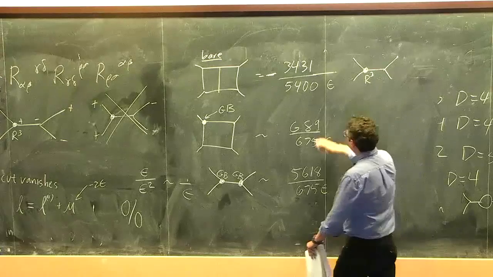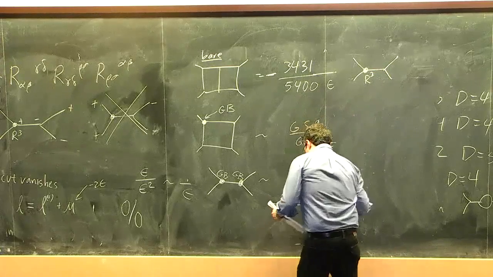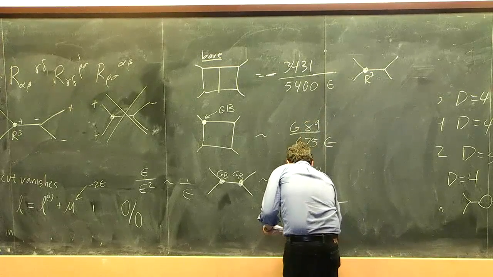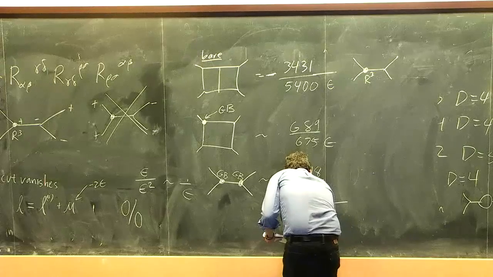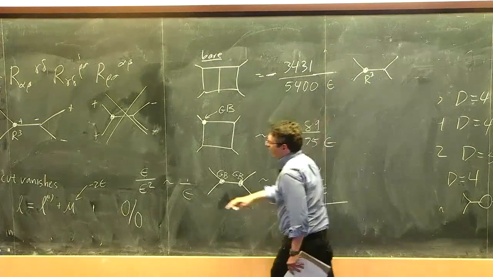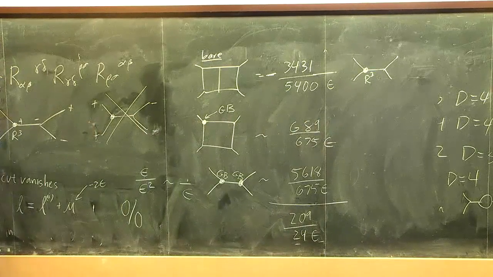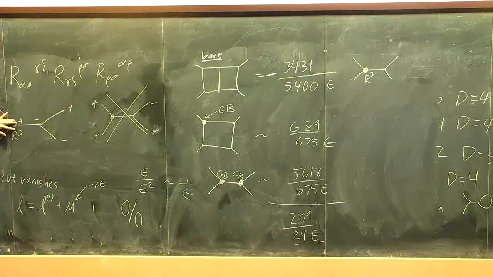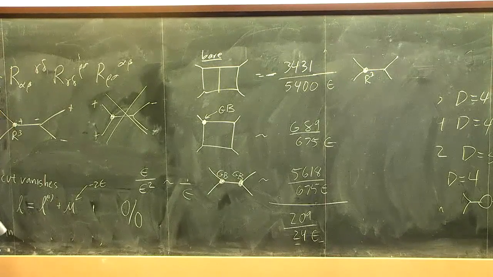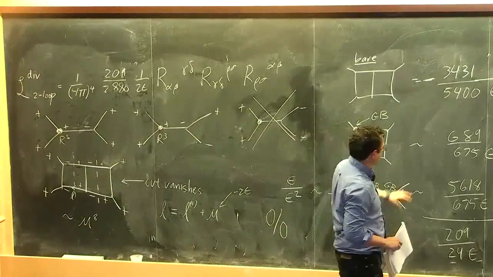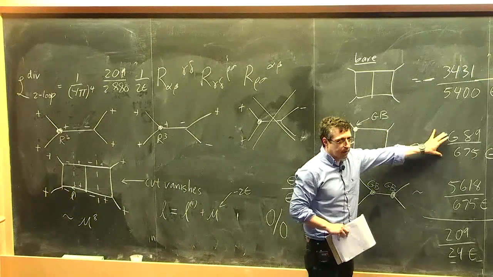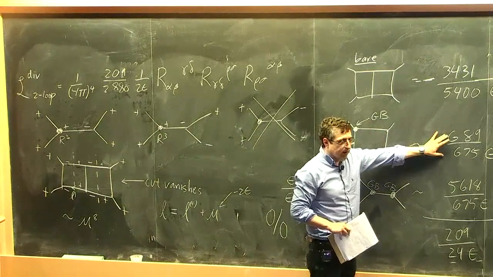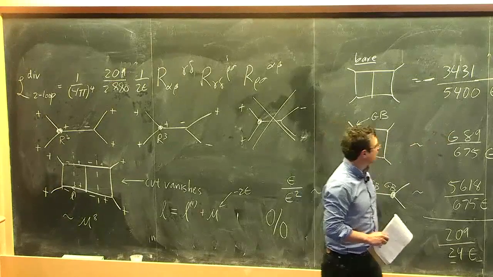Now you can do the arithmetic, and it's going to add up to 209 over 24 over epsilon. That's the same as this number once you account for the fact that we have an amplitude, not just the R cubed operator. So what this shows you is the conformal anomaly. You can see its effect in the divergence.